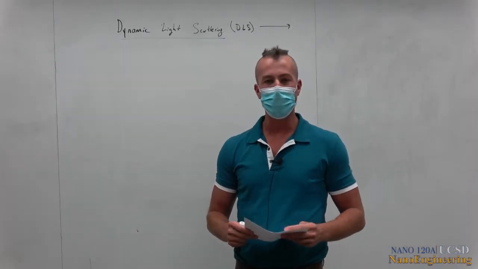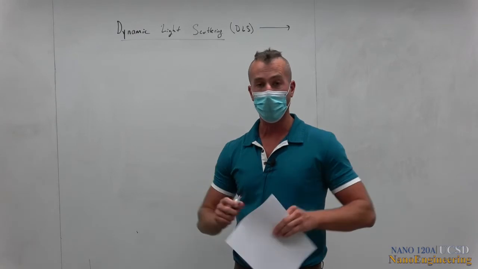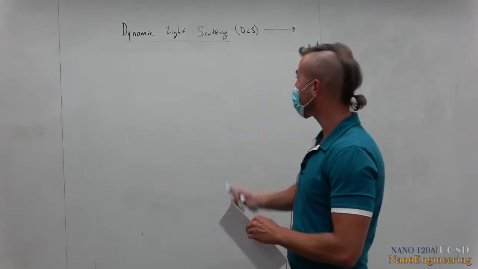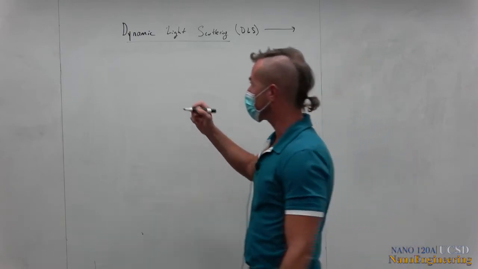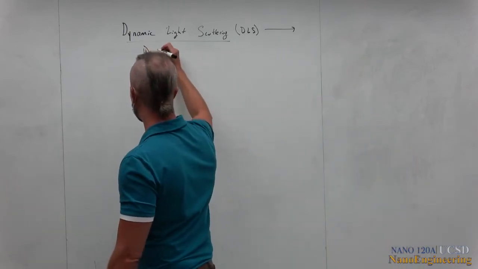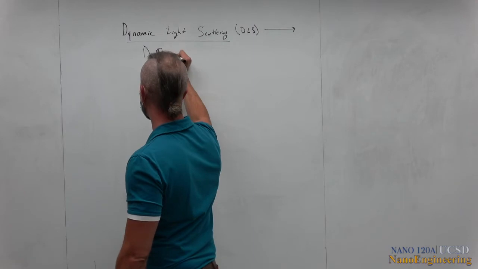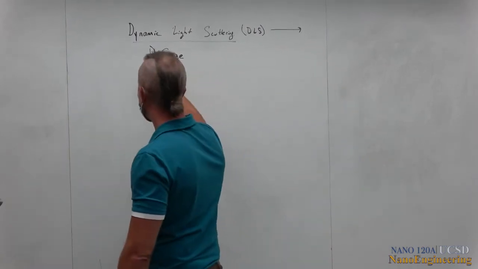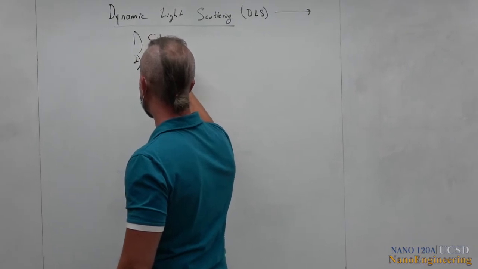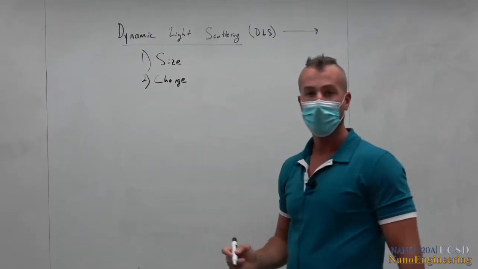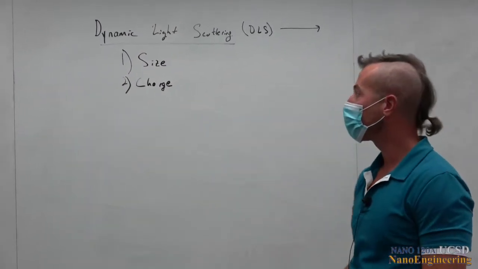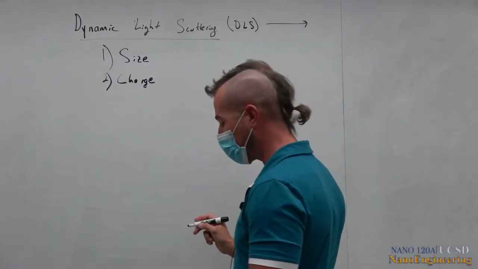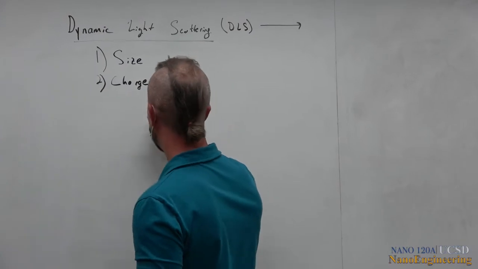Okay, so this is the second part of a lecture on dynamic light scattering. And so you just saw a lot of content about how we can use DLS to measure size, right? And what I want to talk to you about now is how we can use it to measure charge, okay? And so what exactly do we mean by the charge?